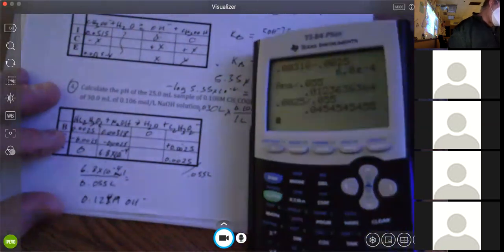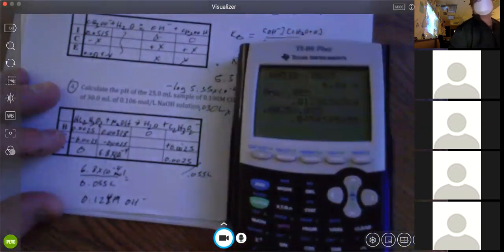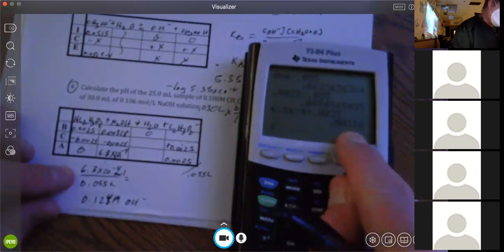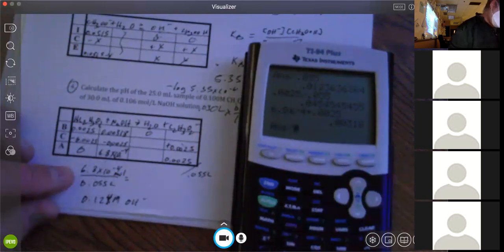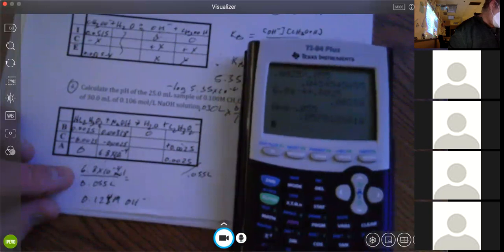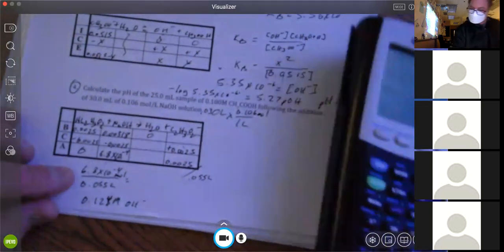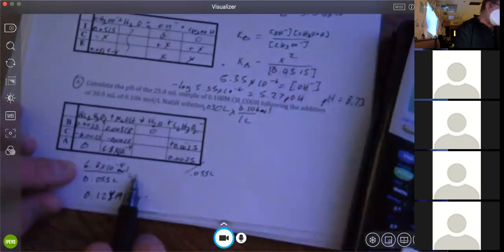One thing we can do is let's take 6.8 times 10 to the negative fourth plus 0.0025. That's the total moles that we have divided by 0.055.